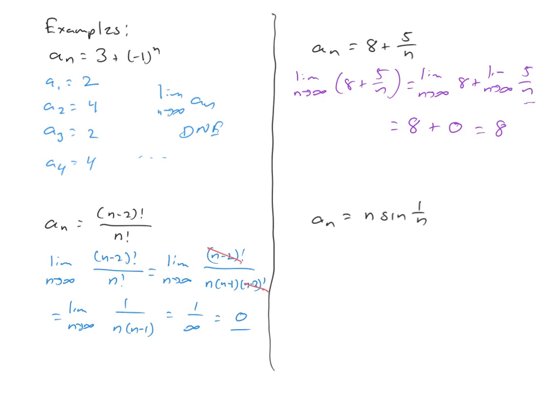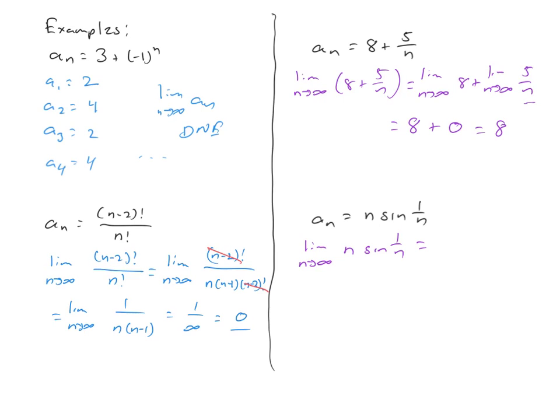Next one. And this one is an interesting one. What we're going to do is take the limit as n approaches infinity of n times the sine of 1 over n.